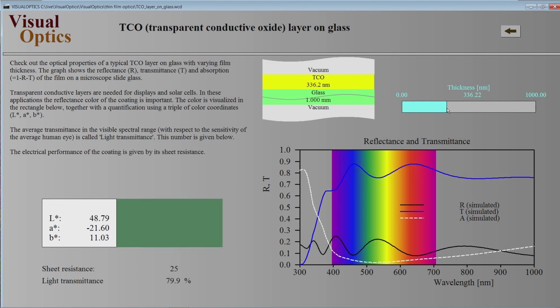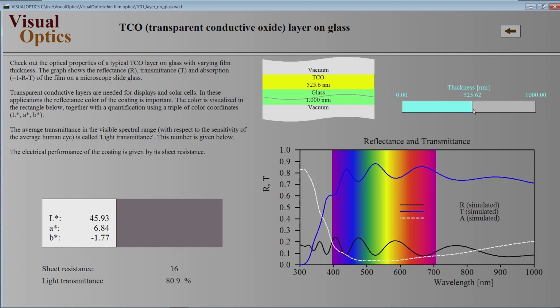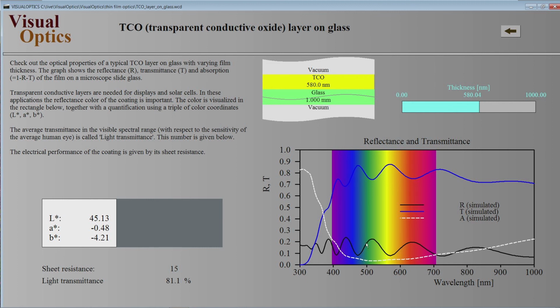And as you see here, depending on the thickness, there are shifting maxima and minima of the interference pattern. We have seen that in the dielectric layer on glass example, and this has to be carefully chosen in any application. If you have thick layers, you have many of those fringes, and they influence the color of the complete coating.